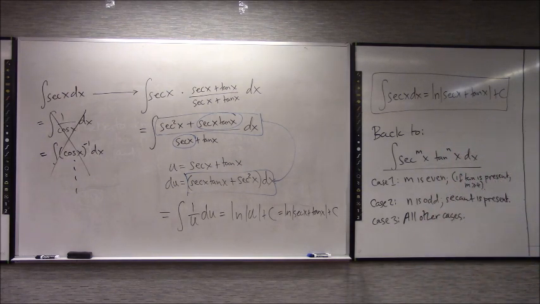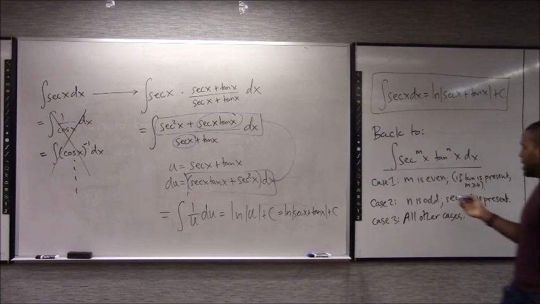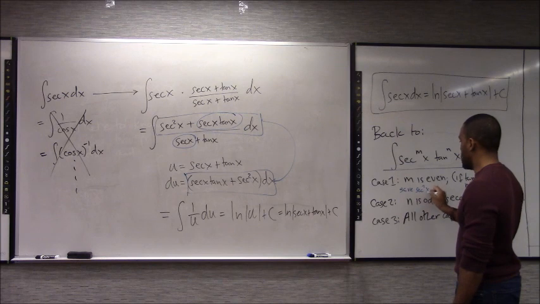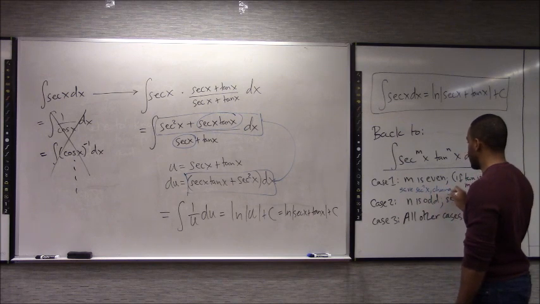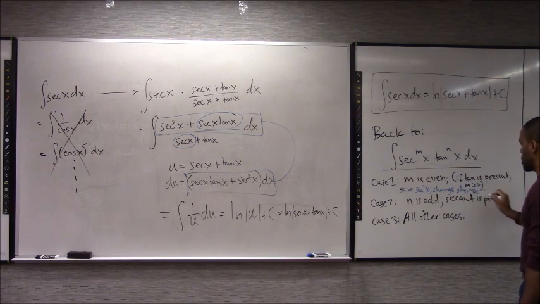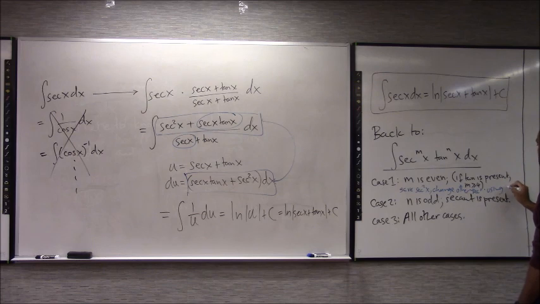Now, in case 1, the idea here is to save a secant squared and change all other secants, using the fact that 1 plus tangent squared is secant squared.